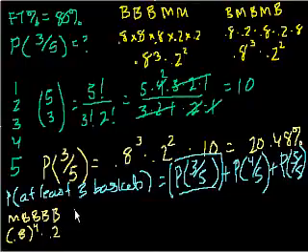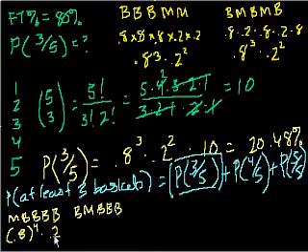And it could have been basket, miss, basket, basket, basket. That's also exactly 4. When you multiply them, the probability of any one of these particular combinations is exactly 0.8 to the 4th times 0.2. And how many ways can I pick 4 of the 5 baskets to be the ones that I make?